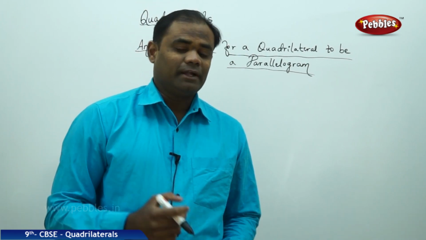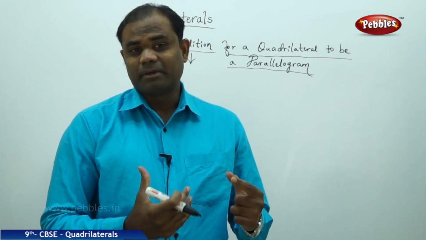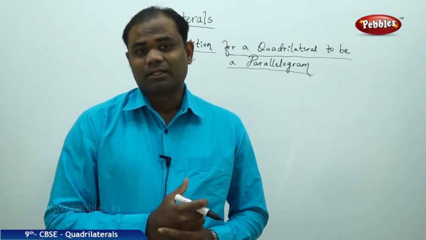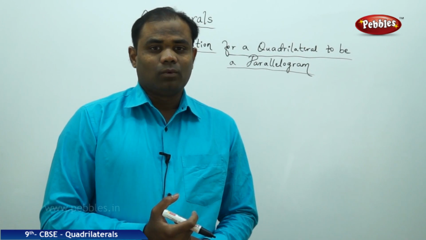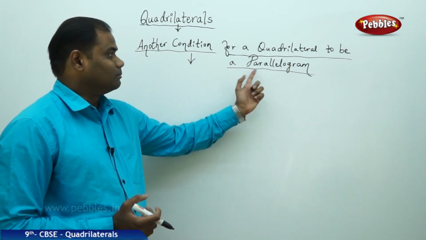Now that we have defined the quadrilateral to be a parallelogram if the pair of opposite sides are parallel, then the quadrilateral becomes a parallelogram. Now let's define the other condition for a quadrilateral to become a parallelogram.